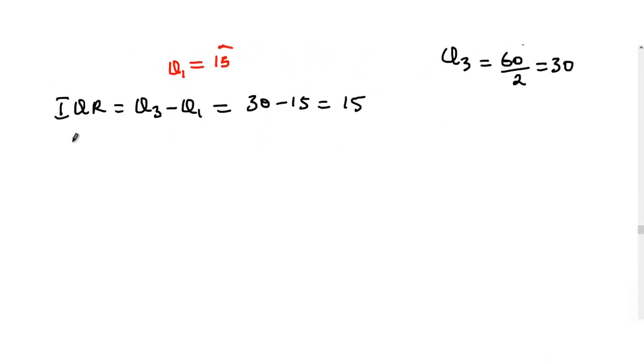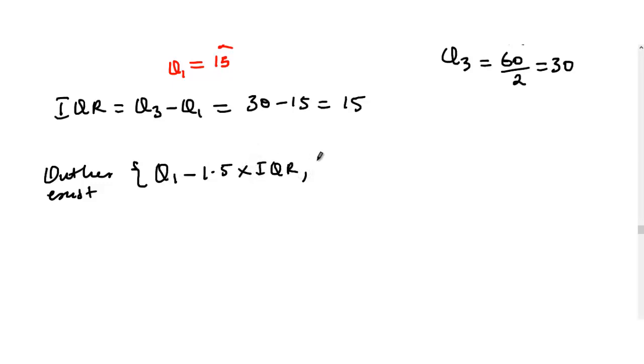So outlier exists if the number does not fall into the range of Q1 minus 1.5 times IQR, comma, Q3 plus 1.5 times IQR.